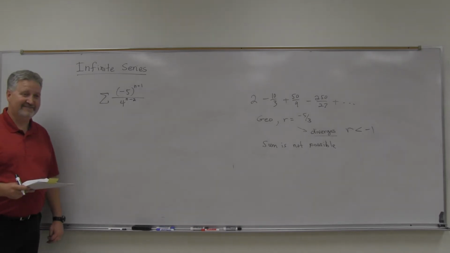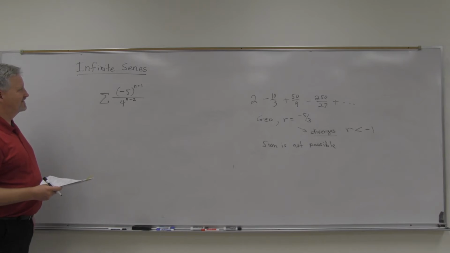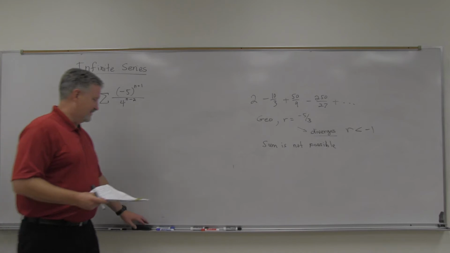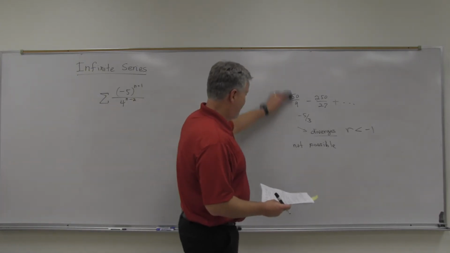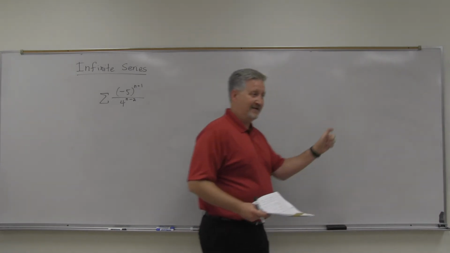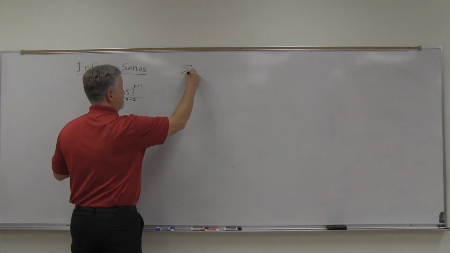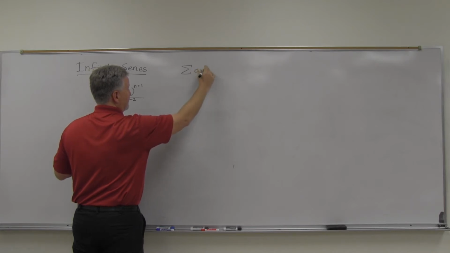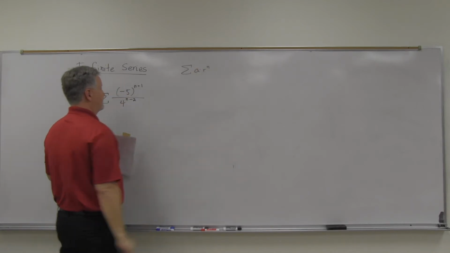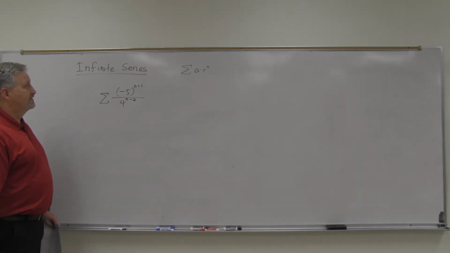That one converges? Well, all we know right now about convergence is if it's geometric and R is between 1 and -1. Well, to be geometric, it needs to be more like this, right? And that's not at all what we've got.